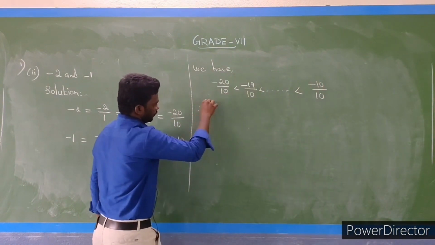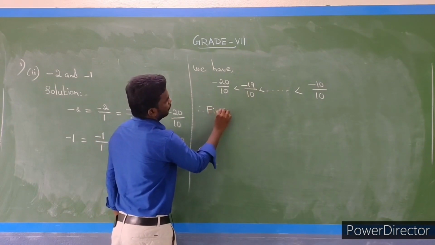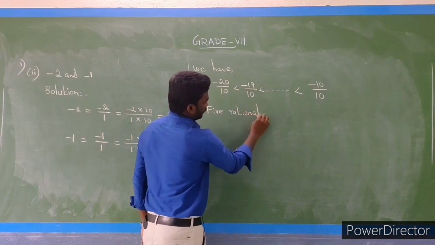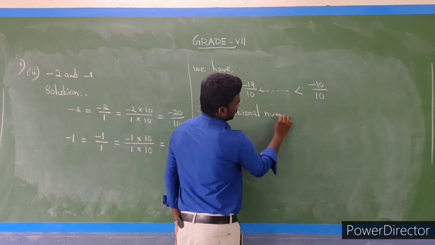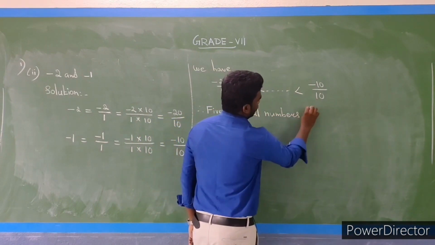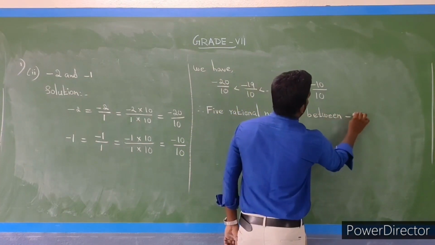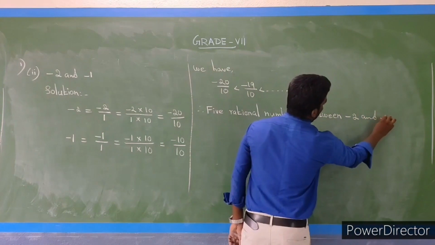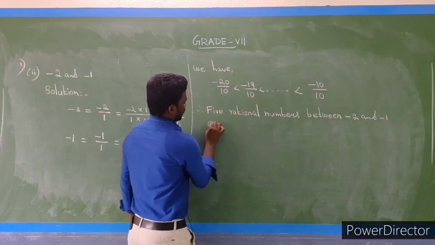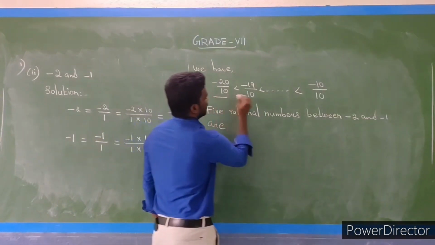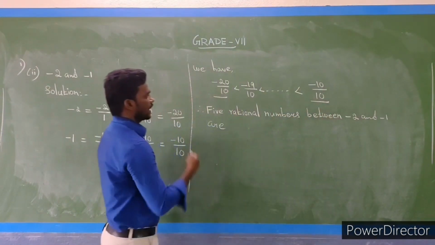Therefore, what are the 5 rational numbers between minus 2 and minus 1? They are the numbers between minus 20 by 10 and minus 10 by 10.